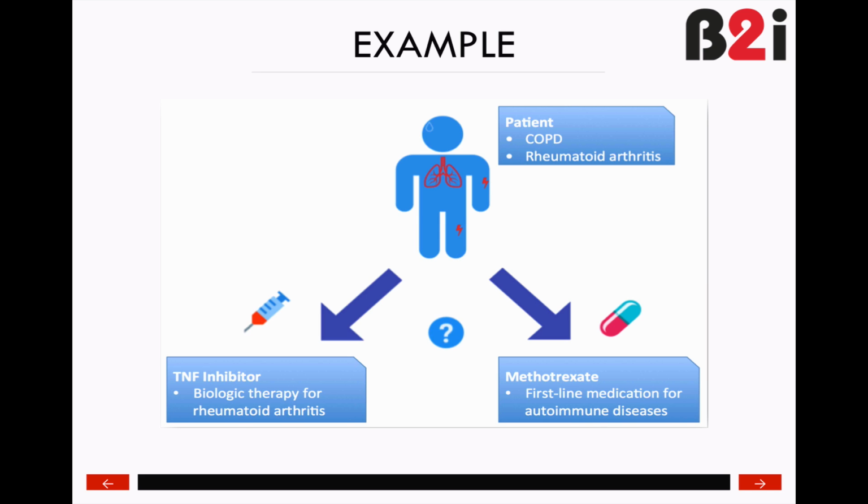Your patient has already started on methotrexate, a first-line medication used to treat rheumatoid arthritis and other autoimmune diseases. However, the results are not satisfactory. You are considering changing to a tumor necrosis factor (TNF) inhibitor, a more expensive biological therapy for rheumatoid arthritis, but you need to understand the risks associated with this change.